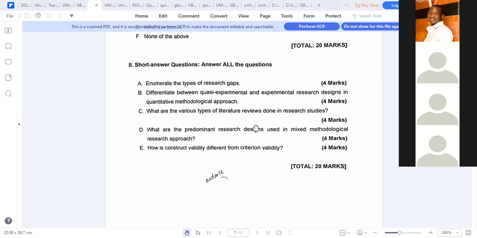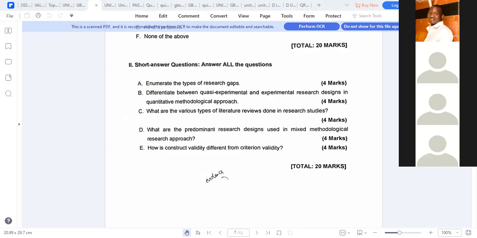So what are the most predominant research designs that fall under mixed methods? Maybe let me guess, quantitative and qualitative? Not sure if that's the question. So by the way, we're talking about the types of research designs that fall under what? Under the mixed approach.